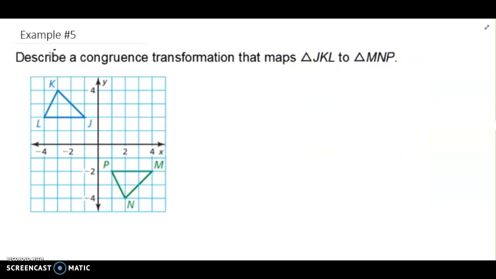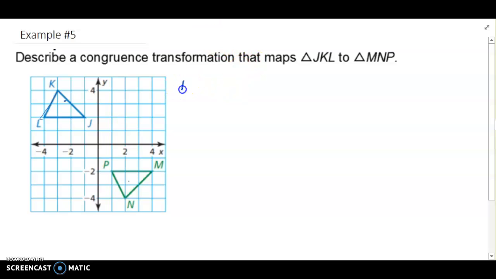All right, so now we're going to have to kind of think backwards on this one. It says we want to describe a congruence transformation that maps triangle JKL, so that's this triangle in blue, to MNP. So how do we make this go to here? Well, there's a couple ways you can do this, so if you would do it different, that's fine.